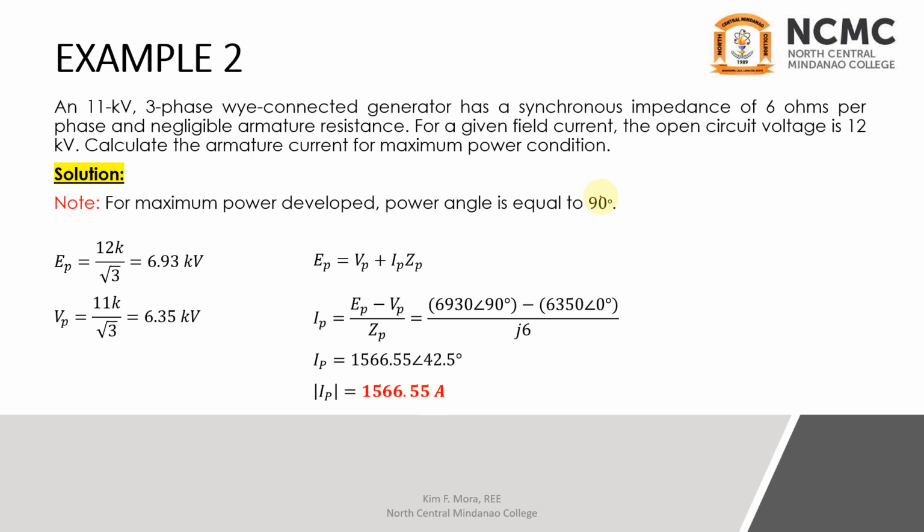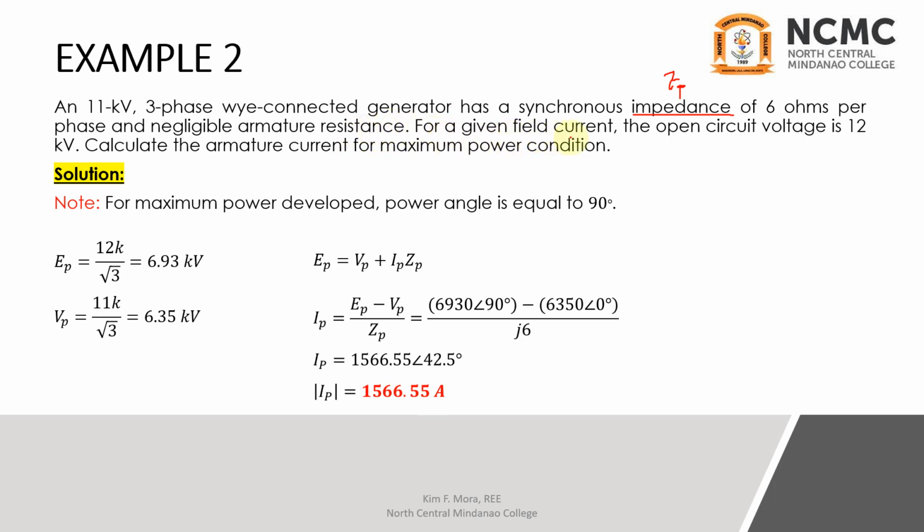So another example: an 11 kV 3-phase Y-connected generator has a synchronous impedance of 6 ohms per phase. That is Z per phase, so ZP equal to 6 ohms, and negligible armature resistance, so our RP is equal to 0.